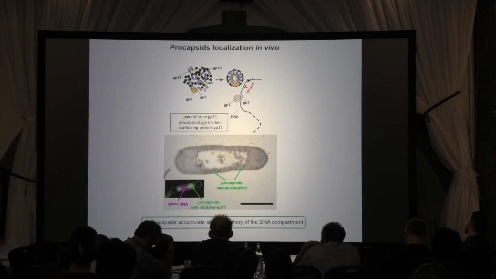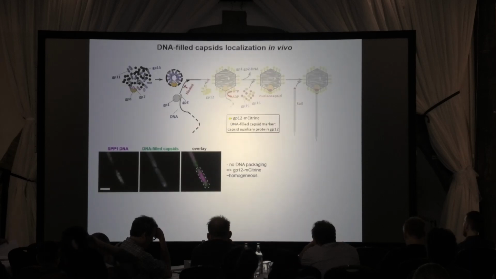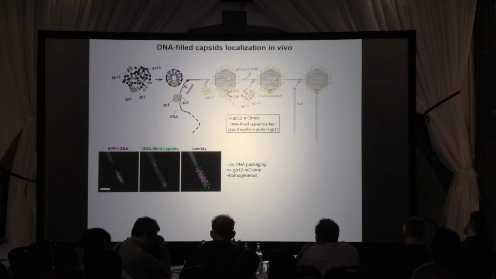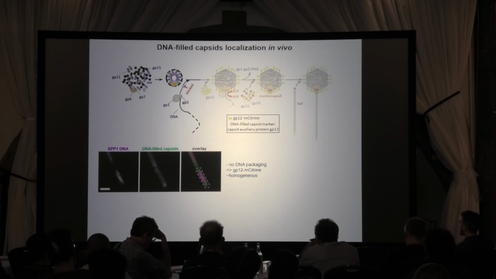So the last question we had is what happens after DNA packaging? For this, we take advantage of this GP12-M-citrine protein that we can code both from the phage itself, from the locus of this gene 12, or from the host bacterium, and ask where this decoration protein is localized. Again, the same approach. We also made a control where we blocked DNA packaging.